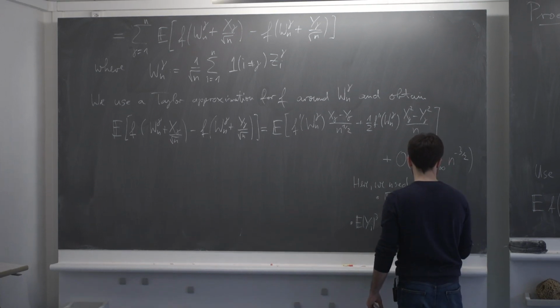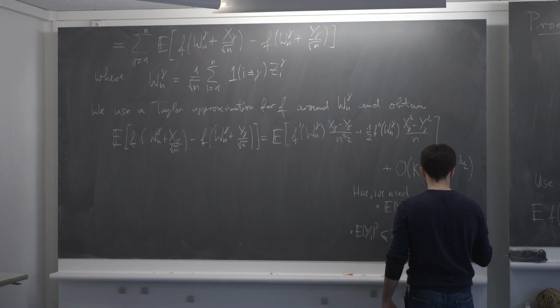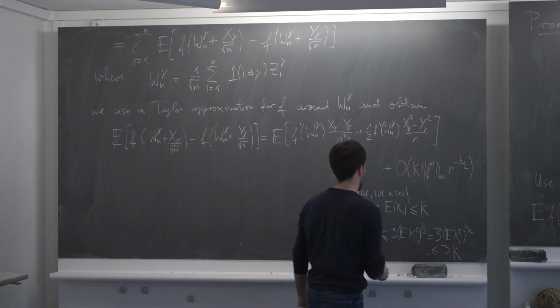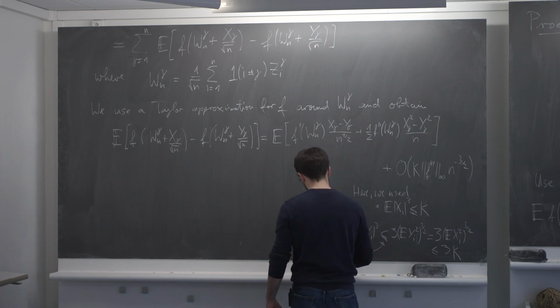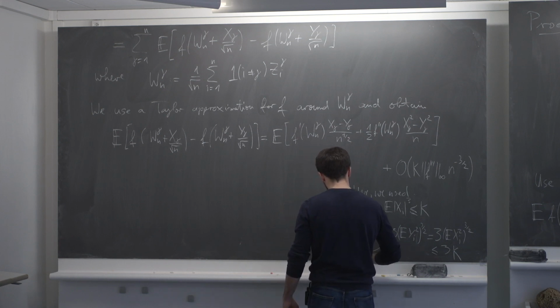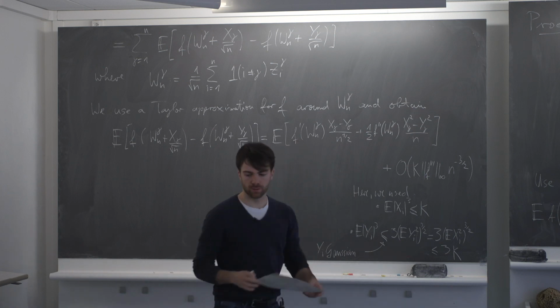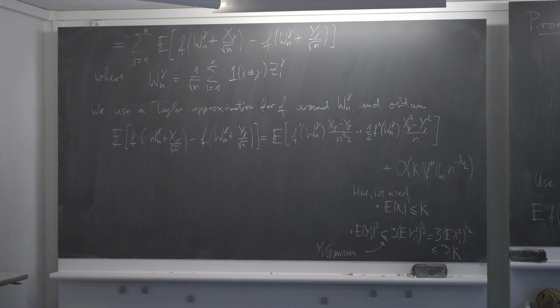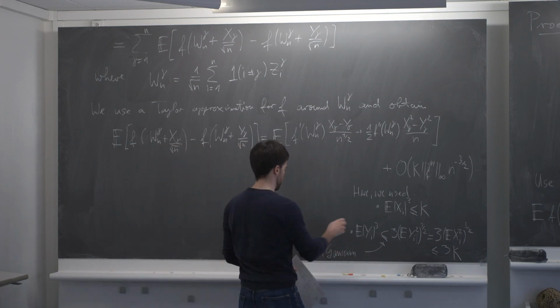But now the second moment matches the one of x, so this is bounded by the third moment of x, and that's bounded by k. And here I use that the yi is Gaussian. You can see it if you plug in the density, then it's just an integration by parts. And now this is to estimate the error term.